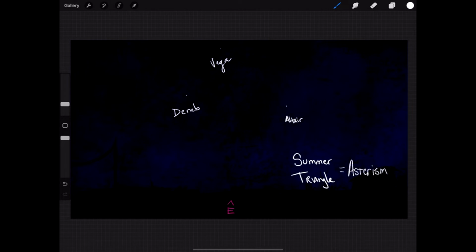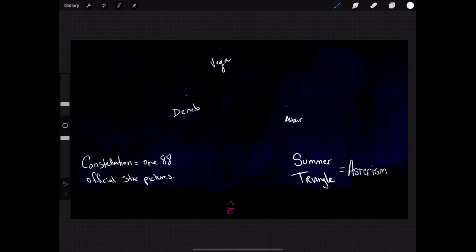Well, a constellation is one of 88 official star pictures. And these are made official because every astronomer in the world has agreed that these 88 pictures are the constellations.